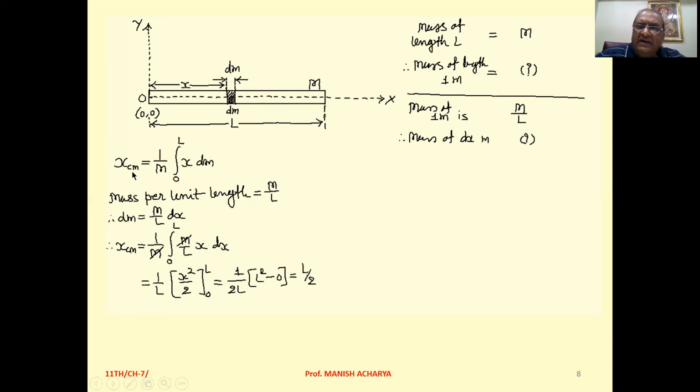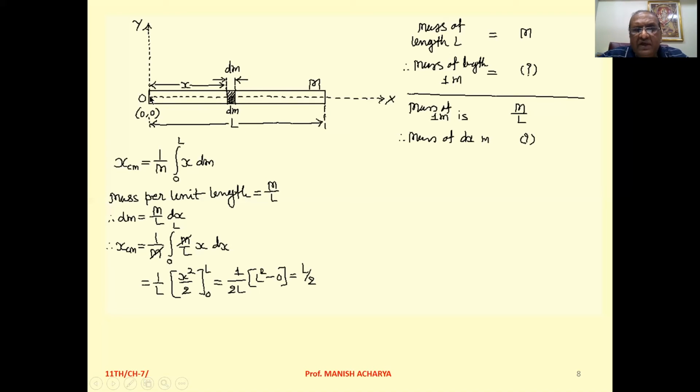So as discussed in the previous theory, we can write the equation for the position of center of mass, xcm. X is the position on x-axis, cm stands for center of mass. That is equal to 1 upon m integration x dm.